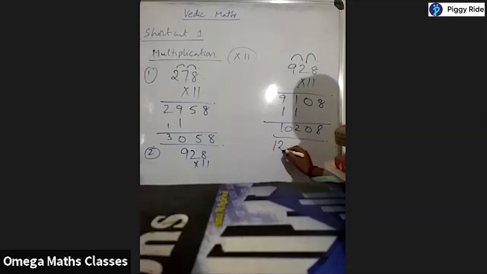So 128 into 11 means first is 1, 1 plus 2 is 3, 2 plus 8 is 10 and 8. So 1408. Okay.